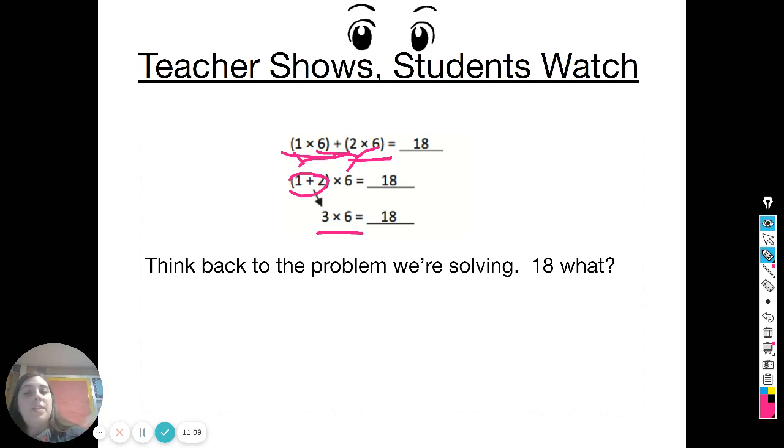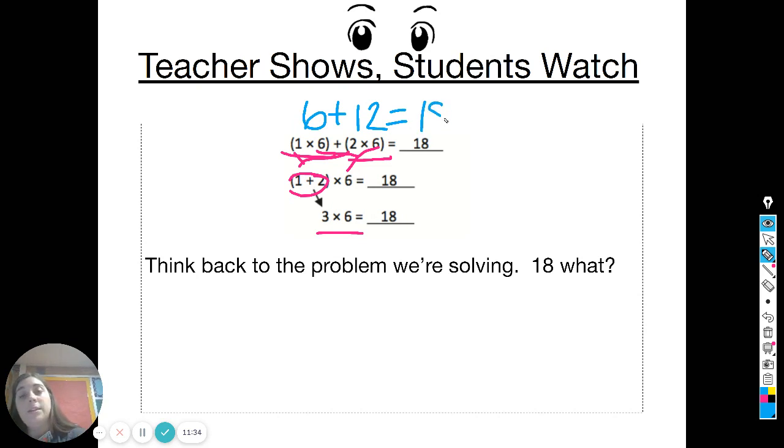How did we figure out that that equals 18? Well, remember we said that 1 times 6 equaled 6, and 2 times 6 equaled 12, and 6 plus 12 equals, well, let's start with 12 and add 6. Ready? 12, 13, 14, 15, 16, 17, 18.